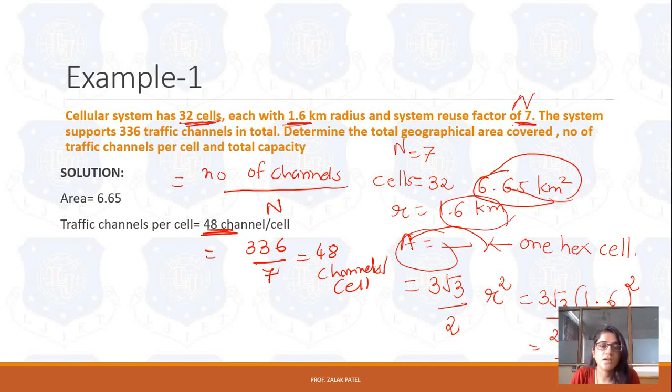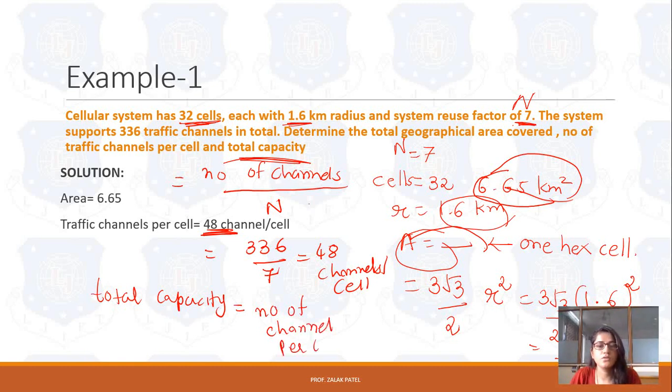So the total system capacity is given by the number of channels per cell into the total number of cells.